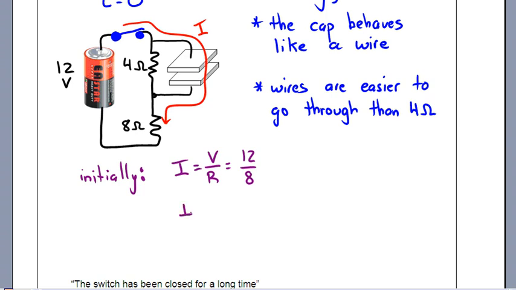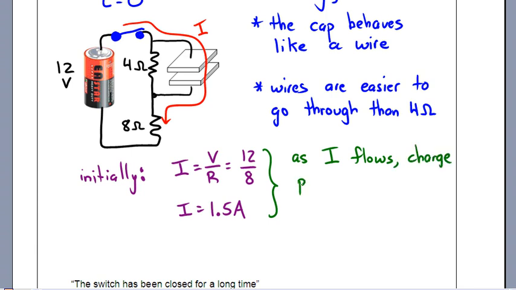And when you run the numbers on that, you find that the current right away at the beginning is pretty aggressive, 1.5 amps. But now think about that. That's going to start to pile up on the capacitor. Positive charge on the top, negative charge on the bottom. So this can't stay this way forever. So as the I flows, as that current flows, charge piles up. So the capacitor's voltage grows.